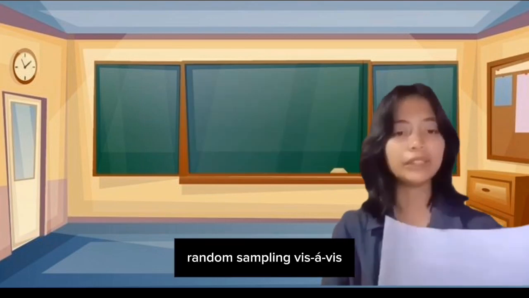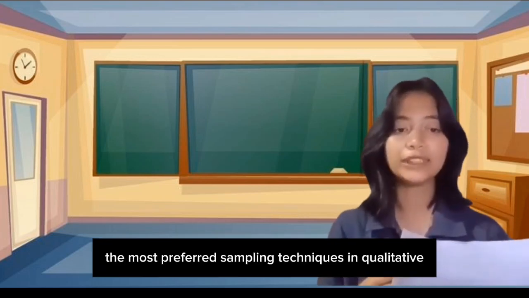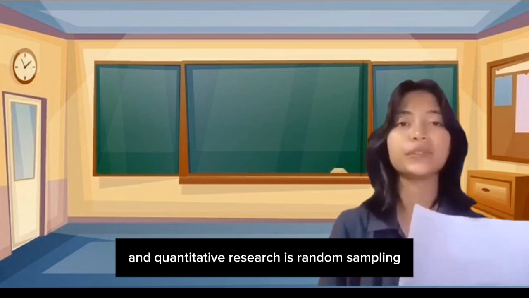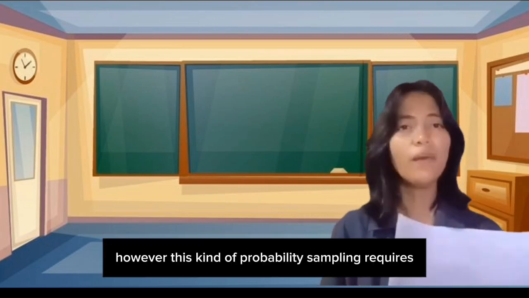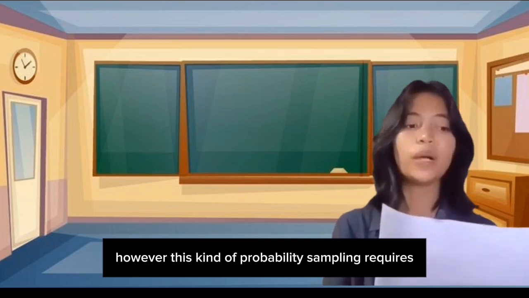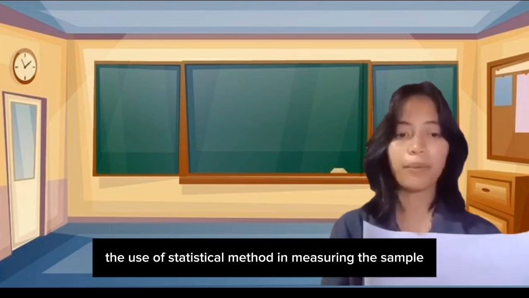Random sampling vis-a-vis statistical methods. The most preferred sampling technique in qualitative and quantitative research is random sampling. However, this kind of probability sampling requires the use of statistical methods in measuring the sample.